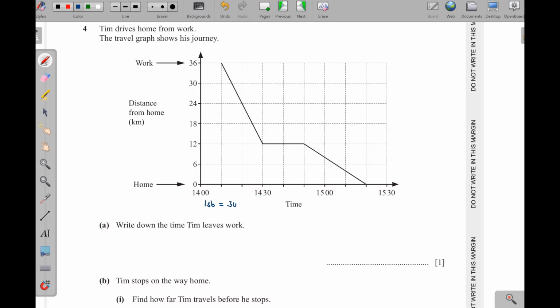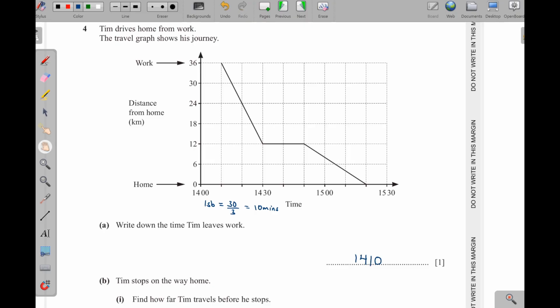So those are 30, but then divide by, we have 3 boxes. So divide by 3, those will be 10 what? Minutes. So the time that Tim leaves work is here. So this one has to be 10 minutes off the 2. So it has to be 14:10.